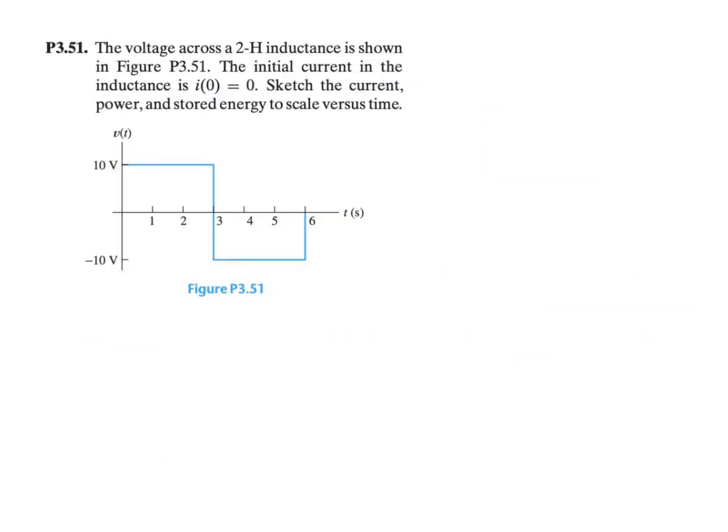Question 3.51. The voltage across a 2 Henry inductance is shown in figure P3.51. The initial current in the inductance is I0 equal to 0. Sketch the current, power, and stored energy to scale versus time. Well, so we know that the inductance value for the inductor is 2 Henry, and I0 is equal to 0 amp.